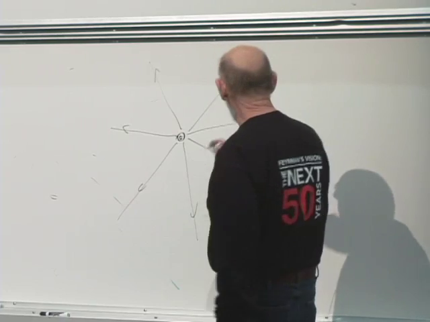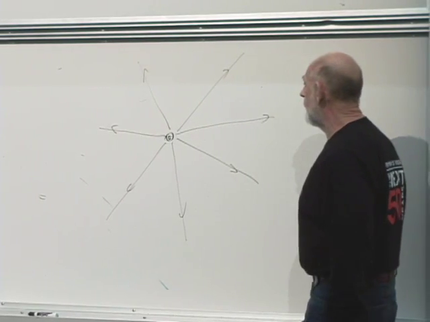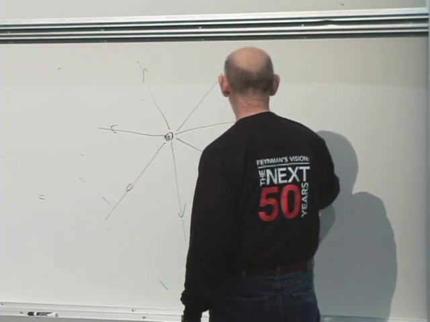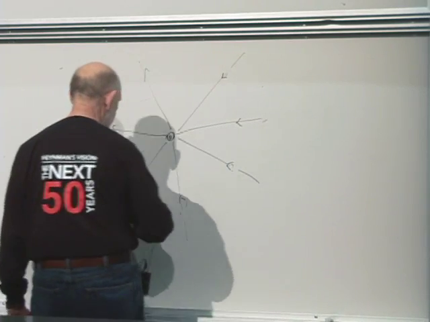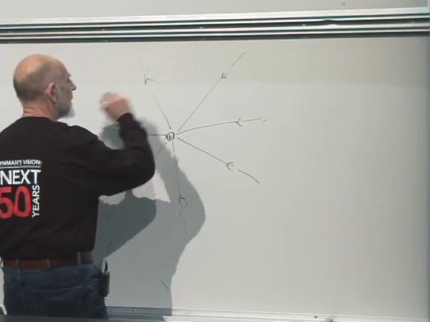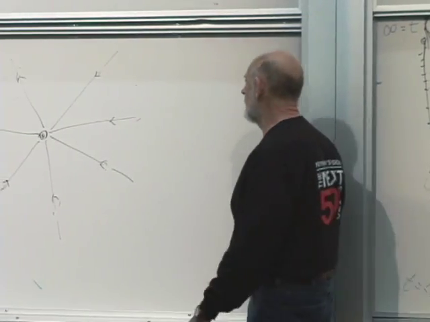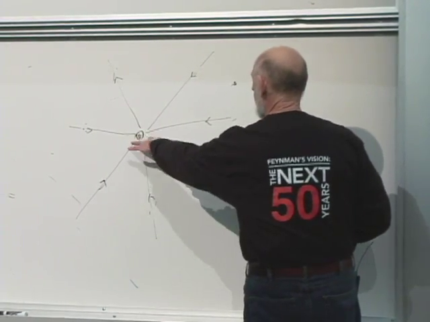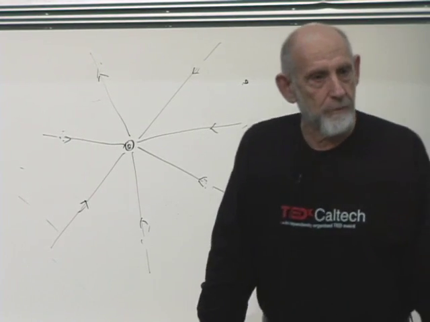The rule is at any point the gravitational field, I think I will draw the gravitational lines pointing inward. Why is that? Yeah, because gravity attracts. So it's pulling on things. So the rule is, at any point, the force on a test object points along the direction of the line of force that passes through that point.